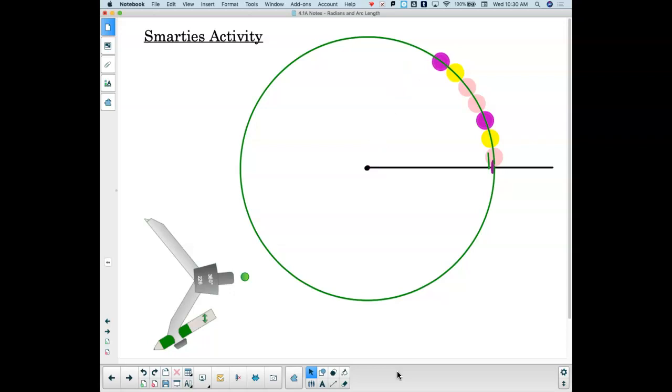After every group of 7, put a mark. It's just your compass. So after every group of 7, put a mark, edge to edge.